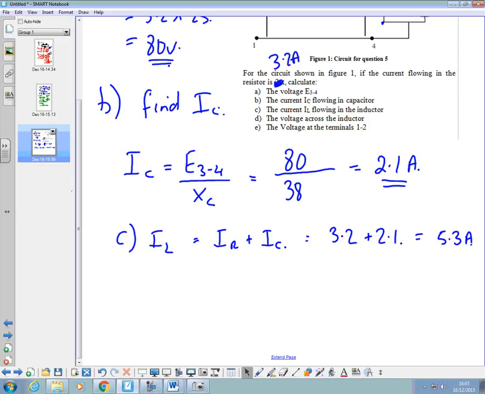One of them is just angle 0, and the capacitor current has an angle. So this should be 0 and minus 90.